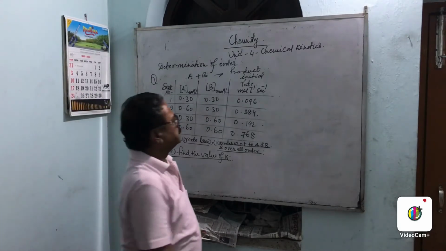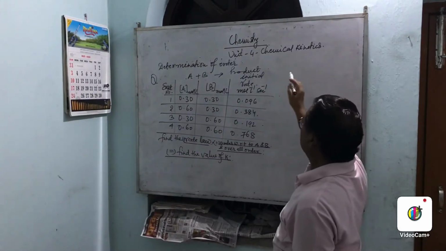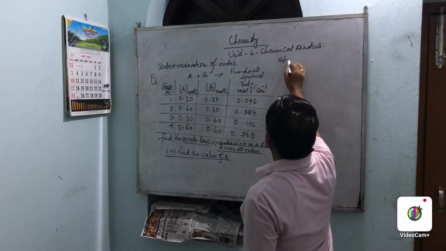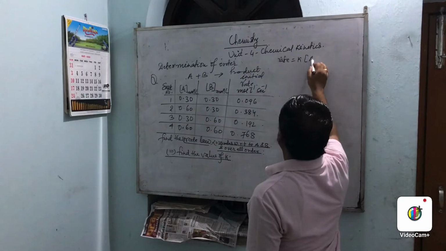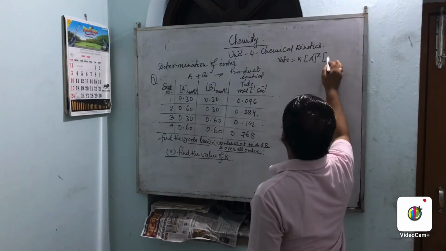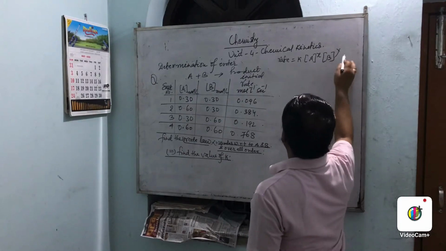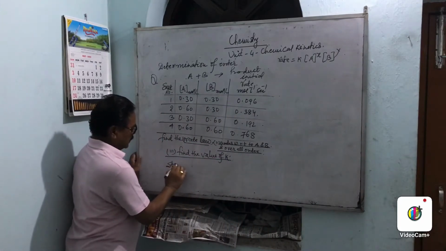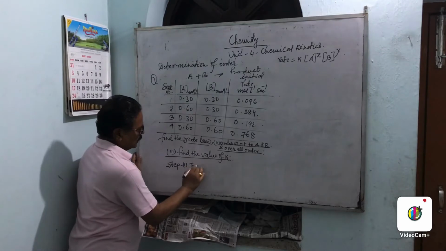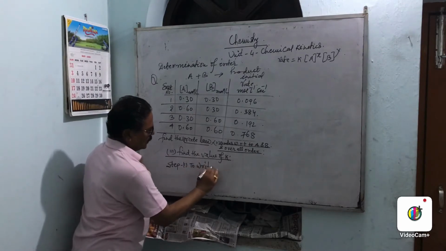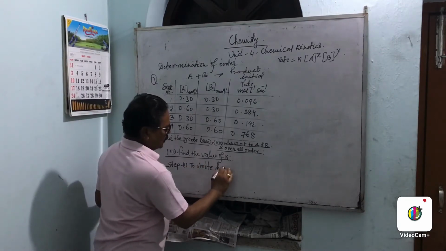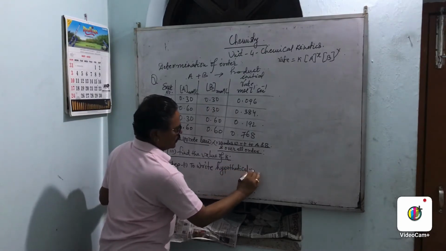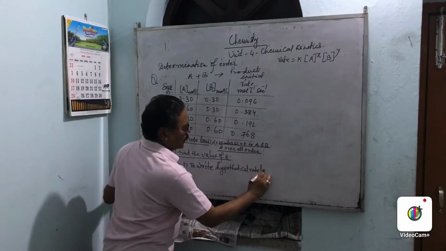Let us see. First we write the hypothetical rate: rate is equal to K [A]^x [B]^y. So our first step is to write the hypothetical rate law.